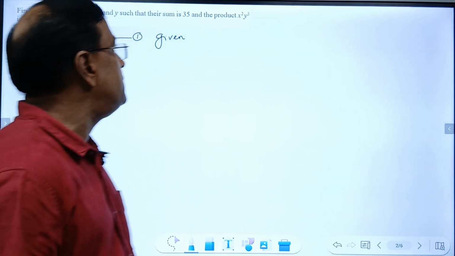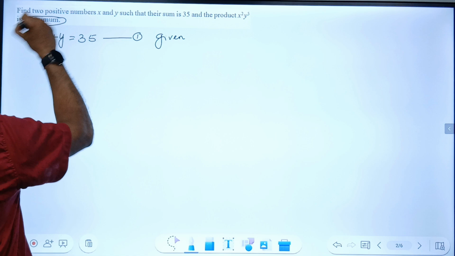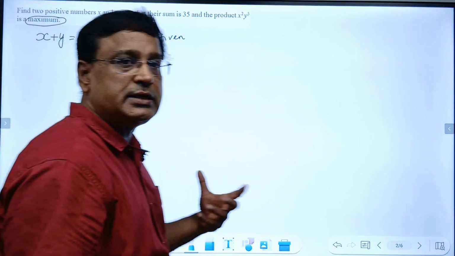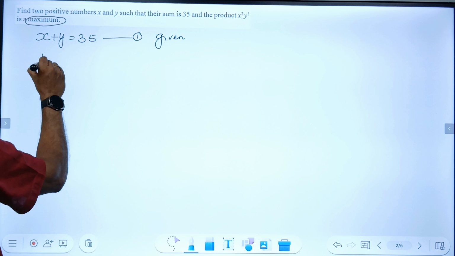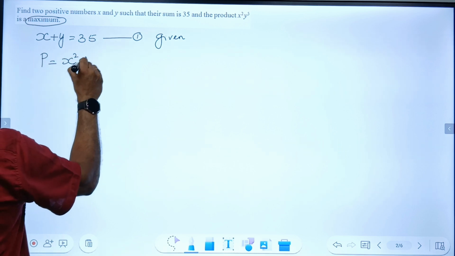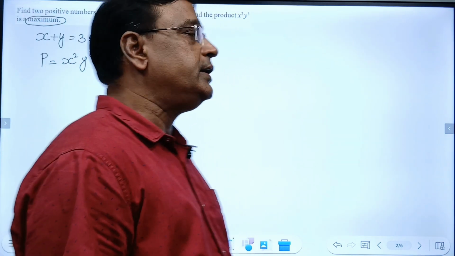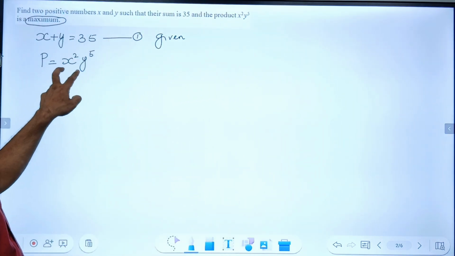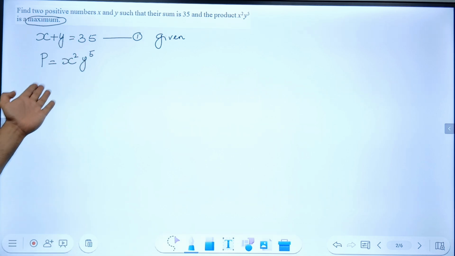Now what should I do? Should I maximize or minimize? I want to maximize x square y power 5. So let me call it a new variable P, which is x square y power 5. Now clearly you can see it has more than one variable, so we will try to change x or y.